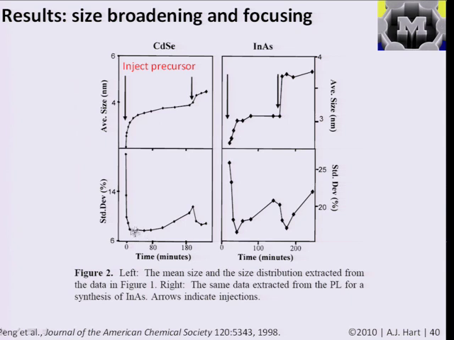And then what happened as the particles grew and kept consuming the precursor from the solution is that the standard deviation started to broaden, and so the particle distribution got broader. And then later on, what they did is they injected more precursor into the solution, not to cross the nucleation threshold again, but to change the dynamics of the process so the conditions would dictate that the size distribution then started to focus.